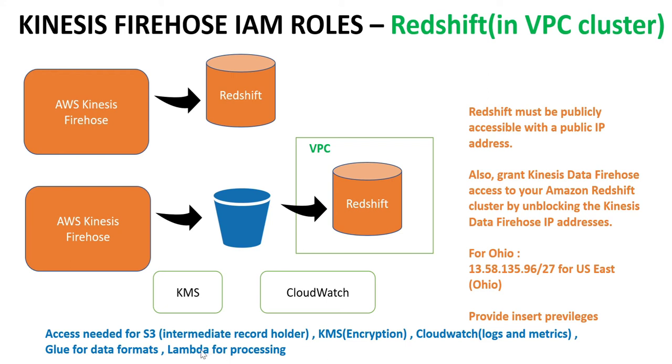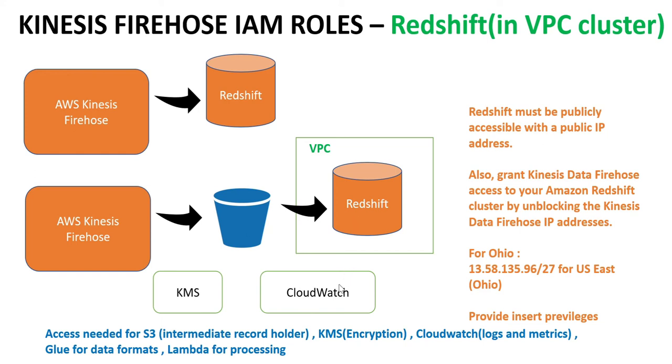Since you see Firehose writes to S3 first, this is an intermediate layer, and from S3 it writes to Redshift. And then KMS here is used for encryption, and CloudWatch is used for error logging. Error logging from Firehose, error logging from S3 bucket, error logging from Redshift also if anything messed up here.